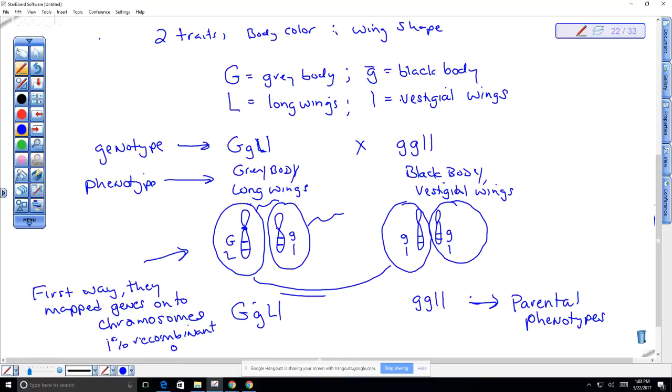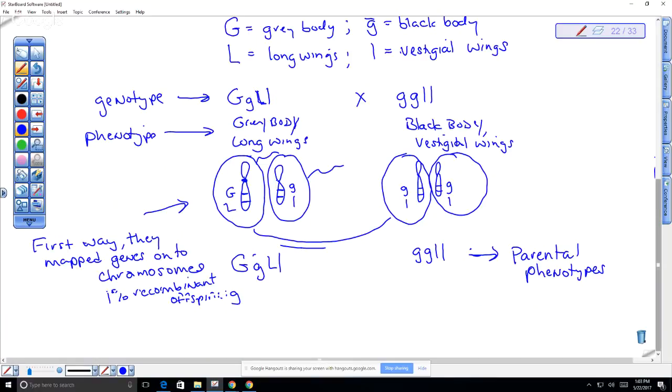So if I got 1% recombinant offspring, then that would mean that my two genes are 1 map unit apart. So this equals 1 map unit. What that means is that if the genes are further apart, then you're going to get more recombinant offspring.